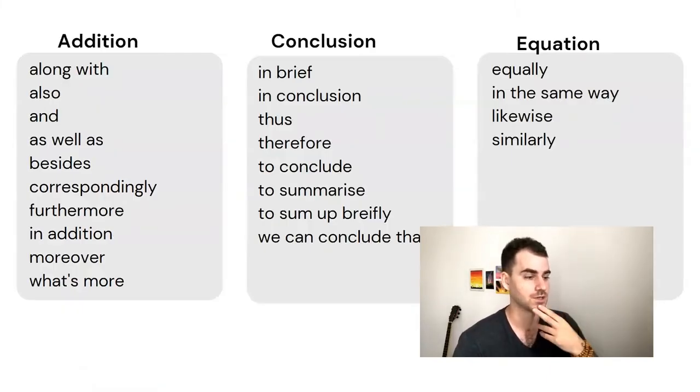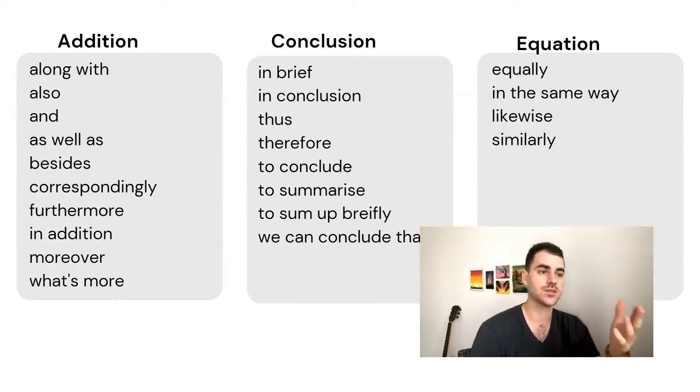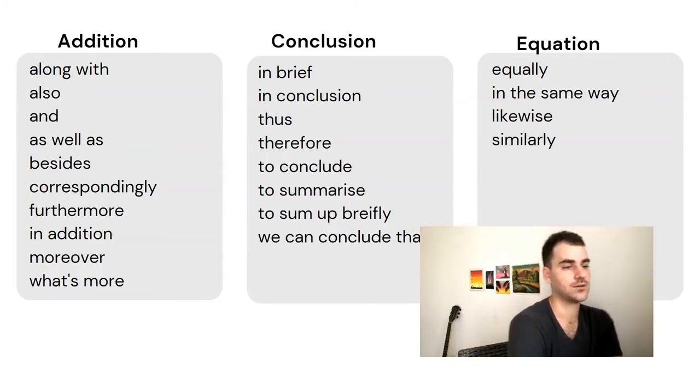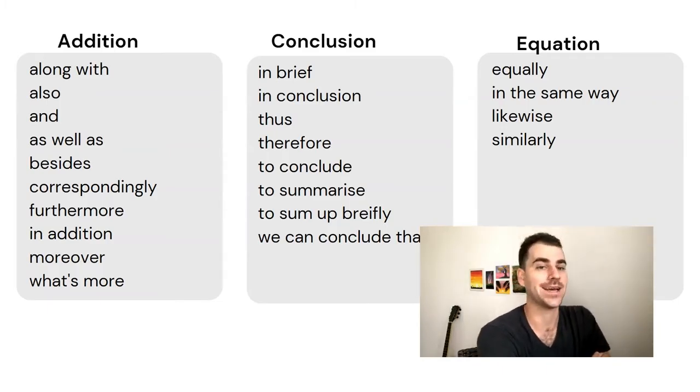And here's the chart, which tells us what category each phrase or word belongs to. You can see the words in the addition category. We all use and all the time, but maybe you want to use a different word. I can say, I like coffee and tea. Or I can use all of these other phrases. Okay, I can say, I like coffee.